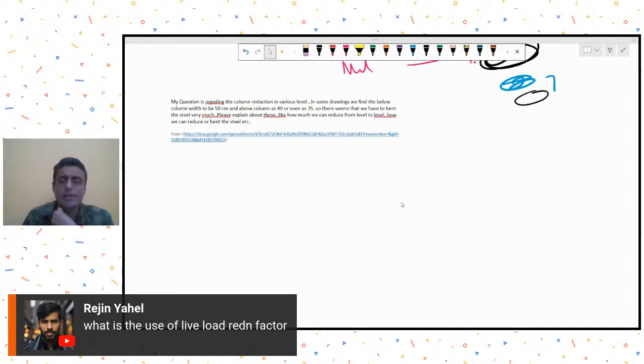As I had explained in the last Ask AuxEn Anything session also, live load reduction factors take into account the possibility that all your floors will not be loaded simultaneously with the highest design live load intensity. Let's say you have a 40-story building and you are designing the floors for 4 kilonewton per meter square live load.